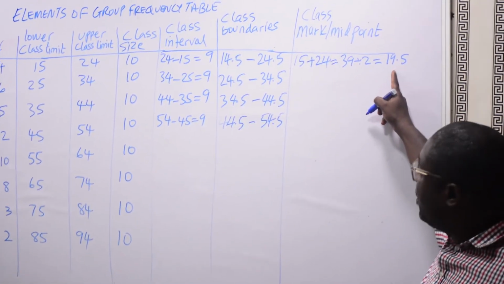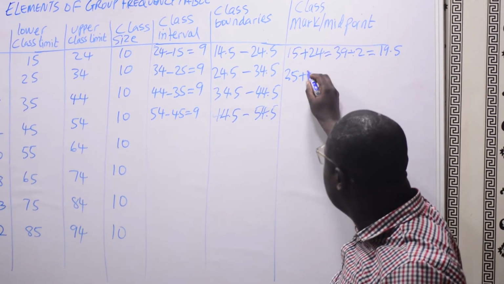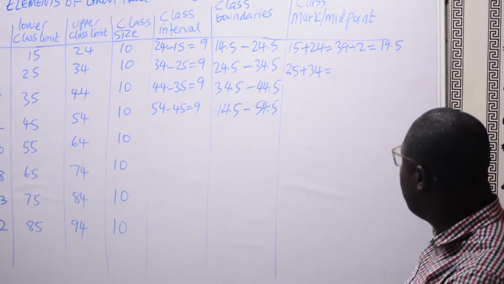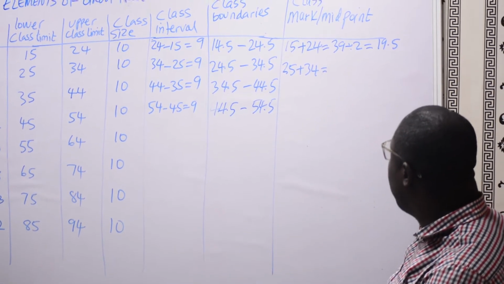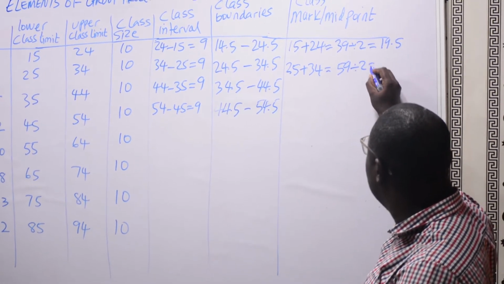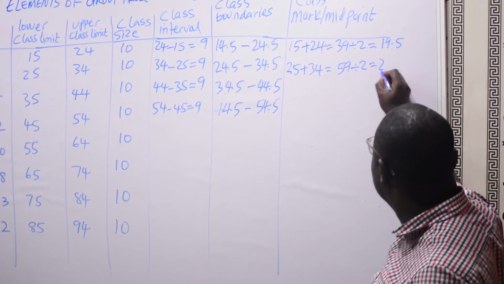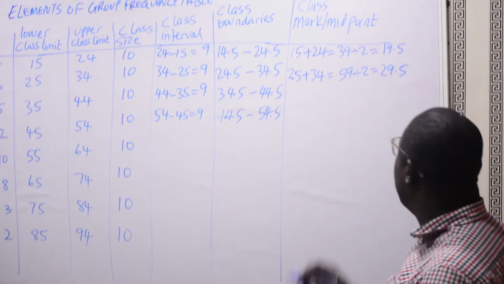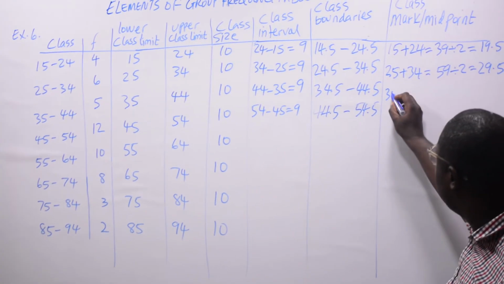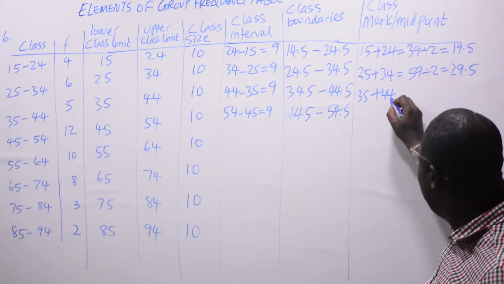For the next class, it is 25 plus 34, that gives us 59. So 59 divided by 2 will give us 29.5. The next class is 35 plus 44.